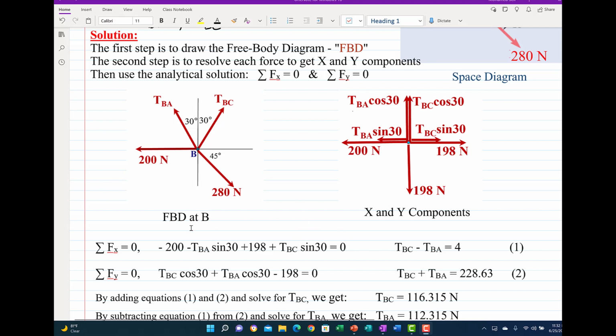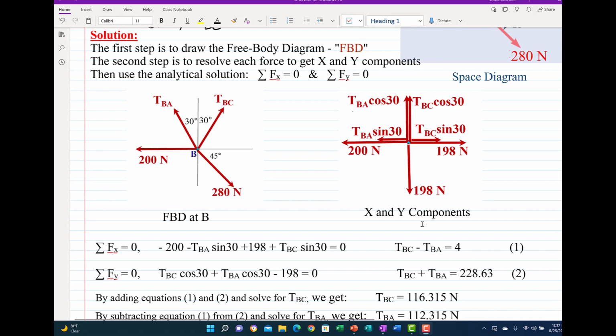By solving this equation, we know that sine 30 is equal to 0.5, so I have 0.5 TBA and 0.5 TBC, multiplied by 2 to make 1. Then 198 minus 200 is going to be minus 2. Move it to the other side, it becomes positive 2, multiplied by 2 becomes 4. So the difference between TBC and TBA is equal to 4. This is your first equation.